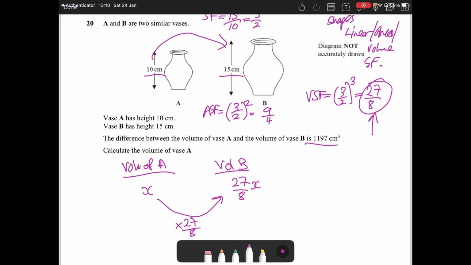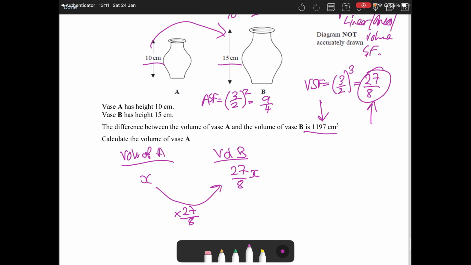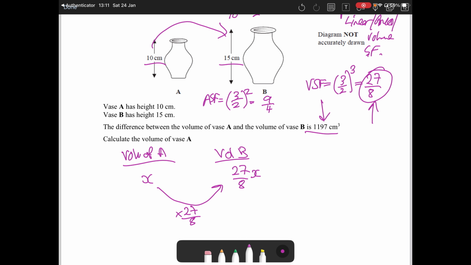Now, it tells you the difference between the volume of A and B is this number here. So difference usually means we subtract these. So what you want to do is take 27 eighths of X, and take away the original amount, which is X. And as a result, we will get 1197.